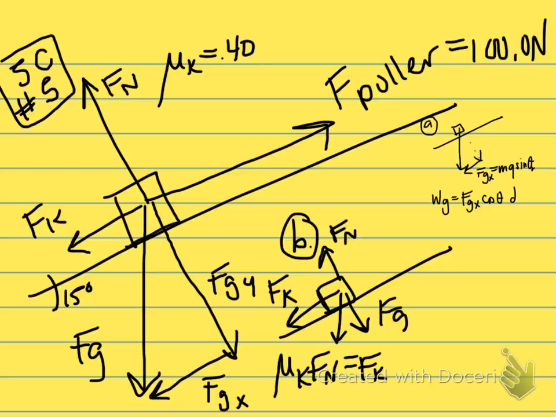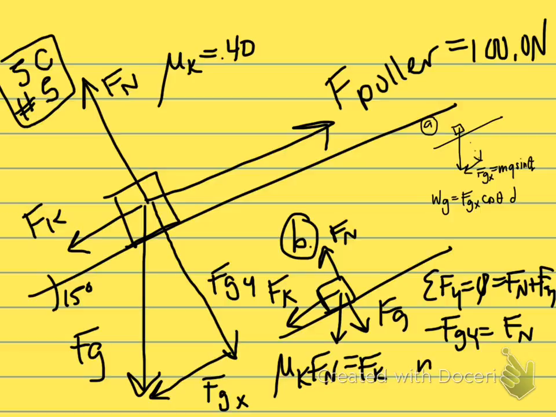So we can do the sum of forces to prove to ourselves that Fn equals F of gy. So negative F of gy equals Fn. So mass gravity cosine theta of the ramp equals Fn. So the force of kinetic friction is 0.4 times mass gravity cosine of the ramp.